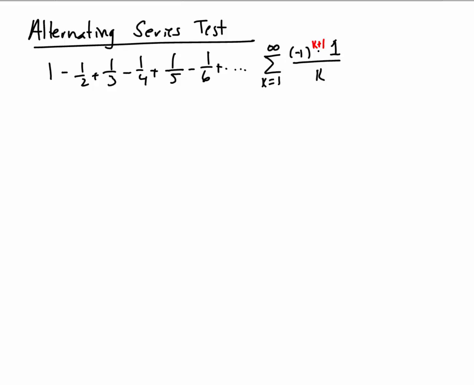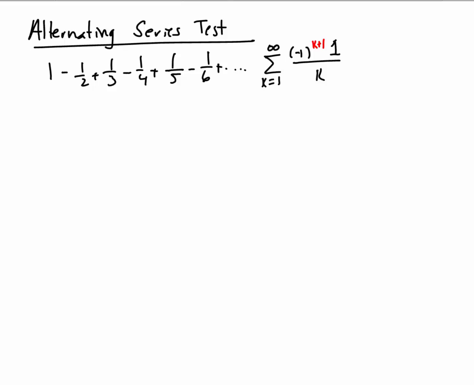So if I plug a 1 into the exponent, 1 plus 1 is 2, -1 quantity squared produces our positive 1. Now for my next term 2, 2 plus 1 is 3, a negative to an odd power produces a negative value, so we're on our way now. So again, this exponent is usually k or k plus 1. It just depends on whether we're starting with a positive or negative value.